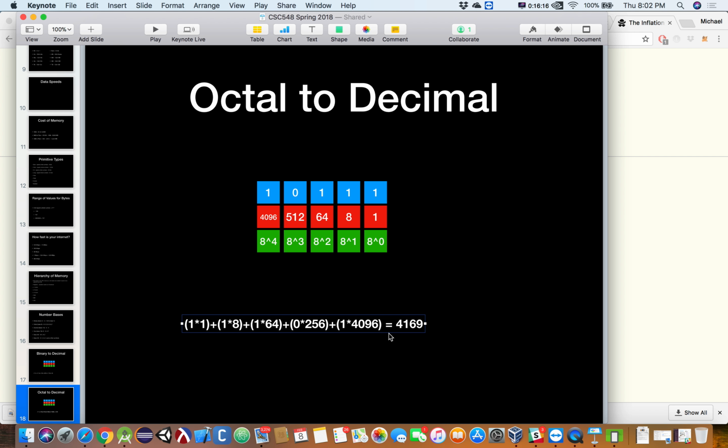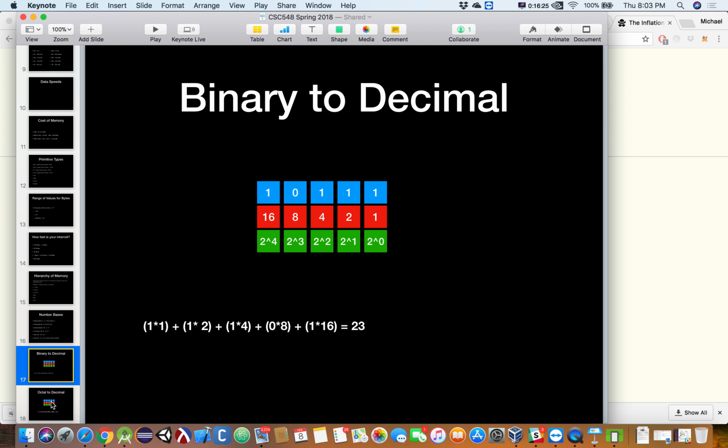Make sense? Okay. You can't get every number from that though. Correct. What do you mean every number from that? Like you couldn't represent 10 with that, could you? You want to represent the decimal 10 in octal? Yeah, you could.